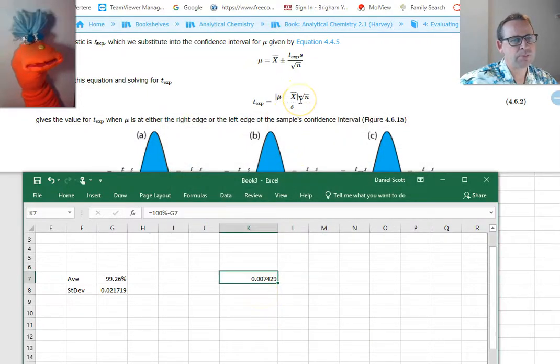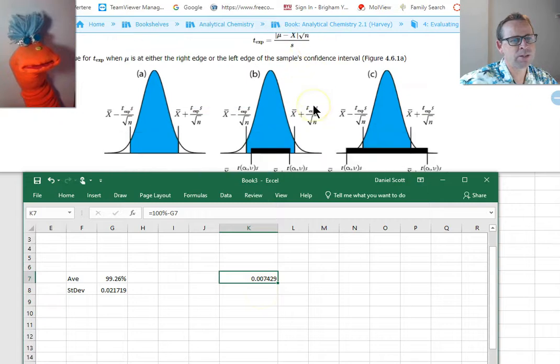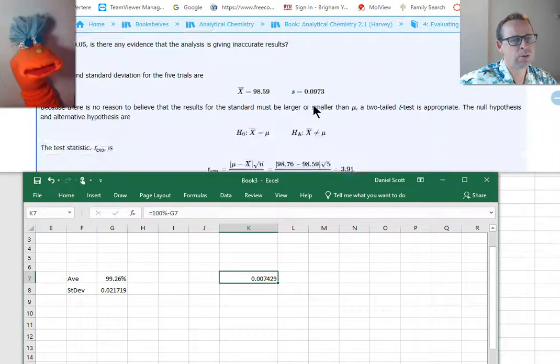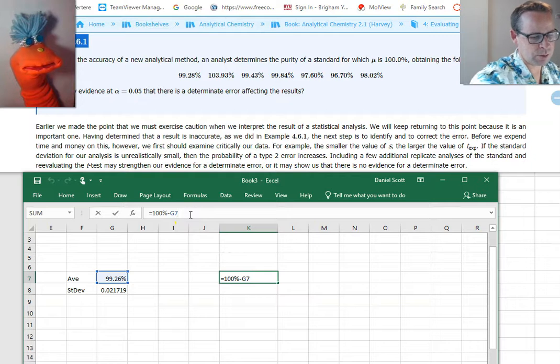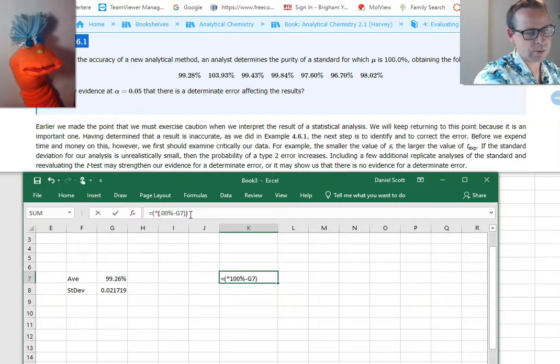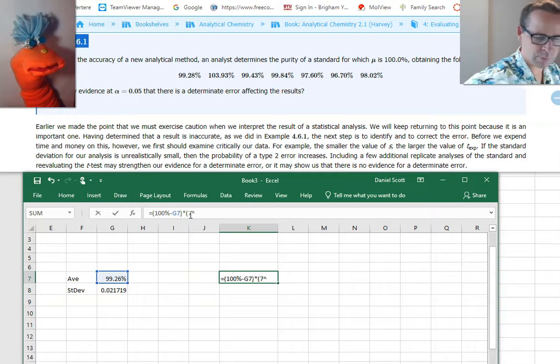Now what do I have to do? Multiply it by the square root of n. Okay, what's the n value here? Let's see, how many times did they make the measurement? 1, 2, 3, 4, 5, 6, 7 times. So square root of 7. All right, so I'm going to add that in. I'm going to put these in parentheses and multiply by the square root of 7, which is 7 raised to the 0.5.